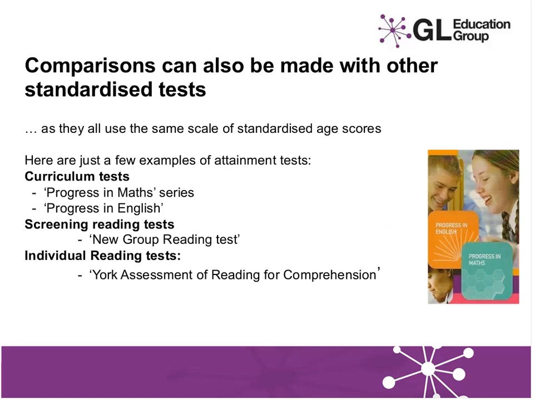Now that could be progress in maths, progress in English, could be something like our reading and comprehension assessment, the New Group Reading Test. So you can compare standardised age scores, they are comparable, and you'll then be able to compare ability versus attainment data, which obviously is very powerful to get that full picture. And if you require any further information about any of the other assessments, do get in touch after the webinar.